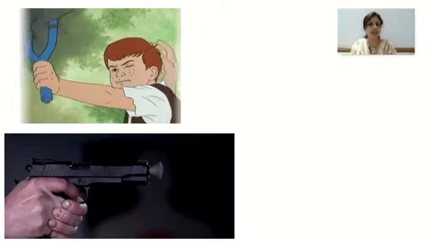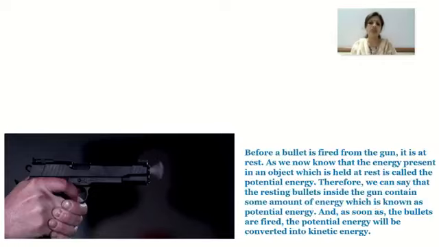Have a look at the second example, in which you can see a bullet and a gun. Before the bullet is fired from the gun, it is at rest. You can see the bullet is inside the gun, and we know that the energy present in an object which is at rest is potential energy. So the bullet in the gun has potential energy.